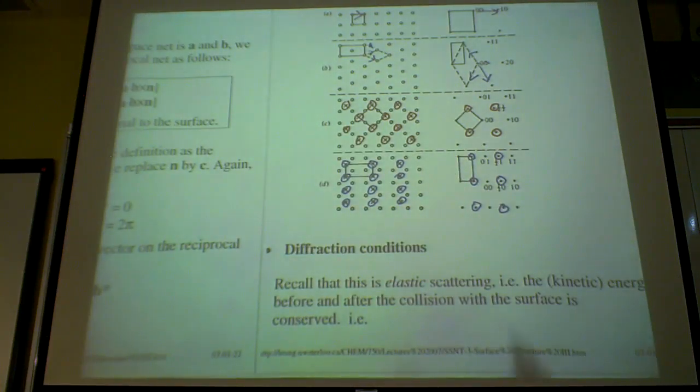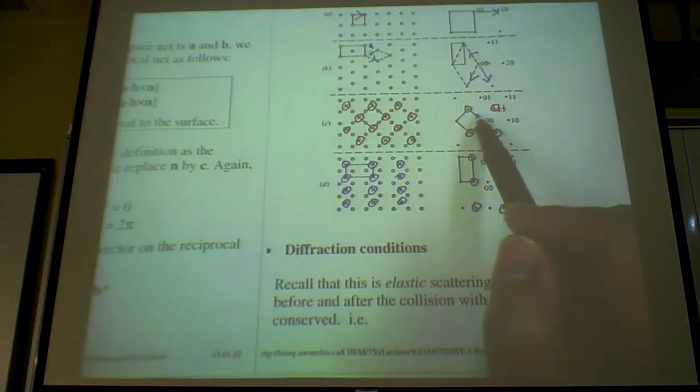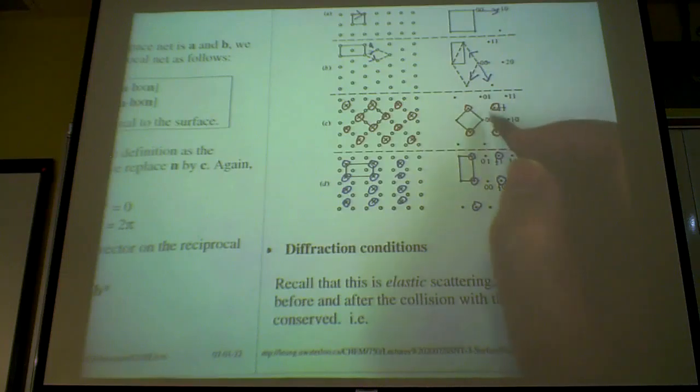You say, well, this looks like it's the same, but that's not true. Really what happened is that even for the weak spots, you also have spots on top of the bright spots. You just don't see them because the bright spot overwhelms the weak intensity.